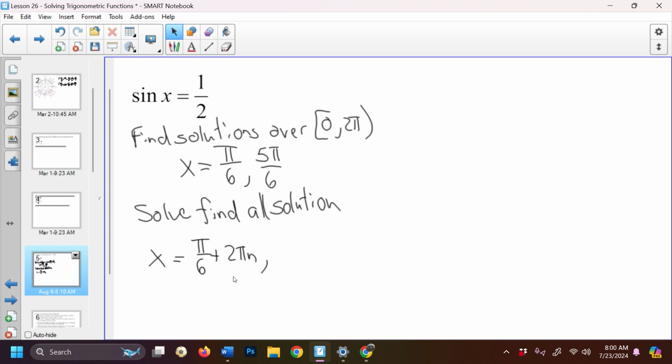And then I will have the same thing for this: 5 pi over 6 plus 2 pi times n. And then I have to say what n is. Well, I just need it to be counting numbers: 1, 2, 3, 4, 5, 6, and then the negative values as well. So I am just going to say where n is an element of the integers.